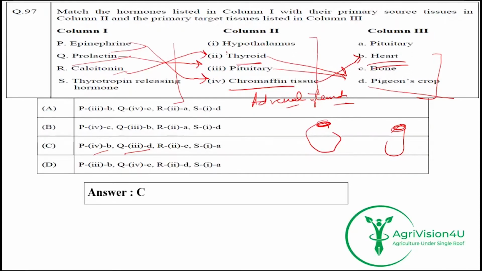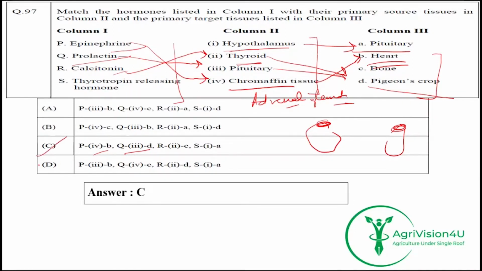And then hypothalamus, thyrotropin releasing hormone. So the hypothalamus releases the releasing hormone or the inhibiting hormone. Two types of hormones. So thyrotropin releasing hormone is released by the hypothalamus, and it affects the obviously pituitary, because the hypothalamus controls the pituitary only.